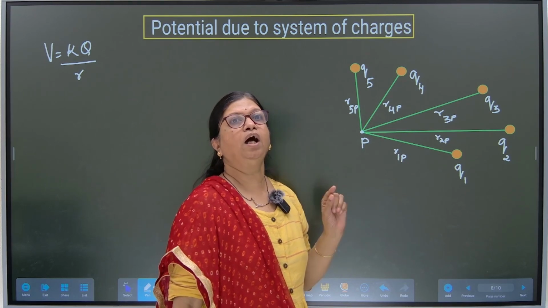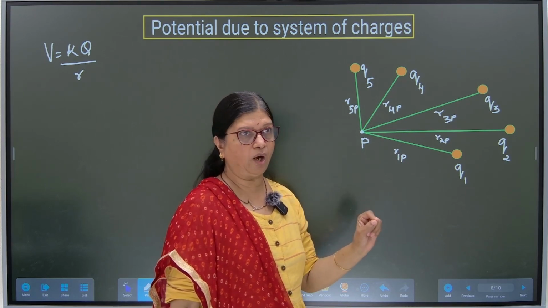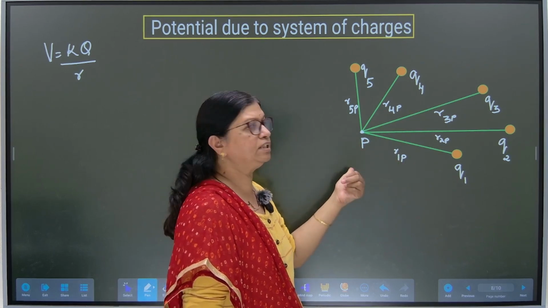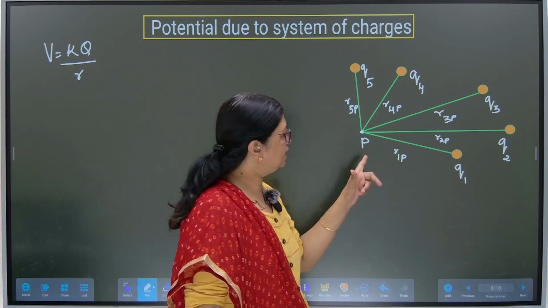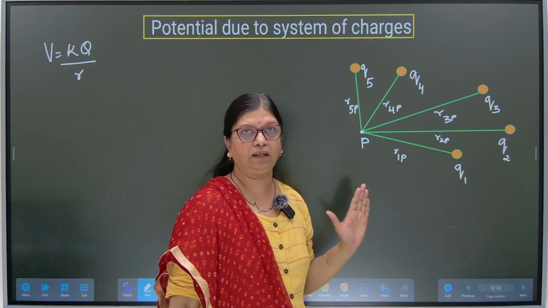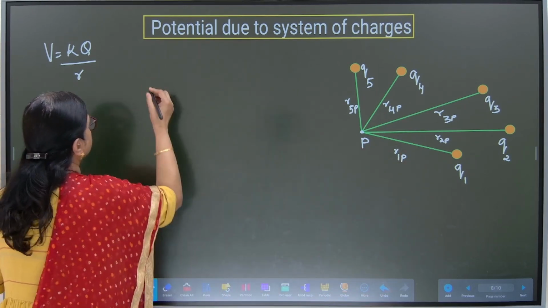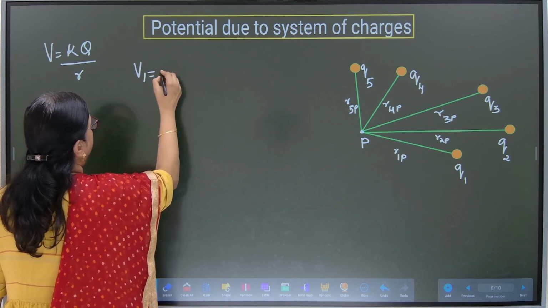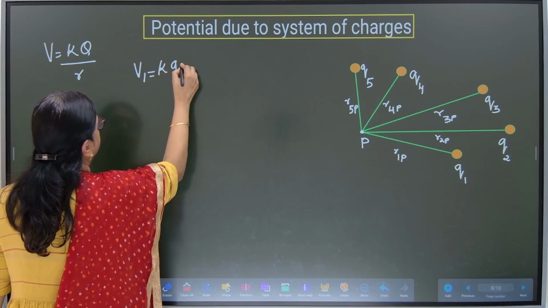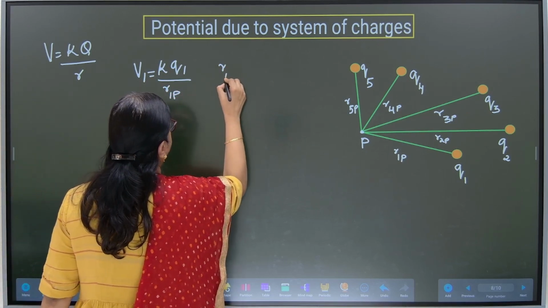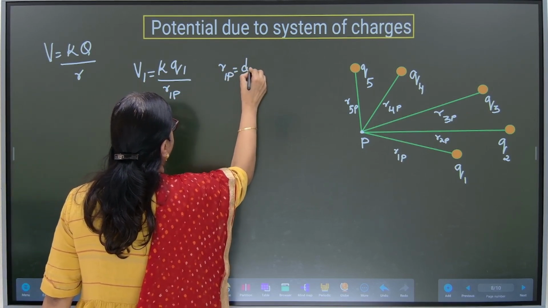Correct? So, I first find out the potential due to Q1 at the point P. The distance between the point P and Q1 is R1P. So, what is the formula for V1? V1 is equal to K Q1 upon R1P, where R1P is the distance.